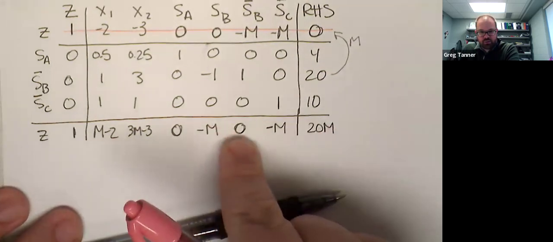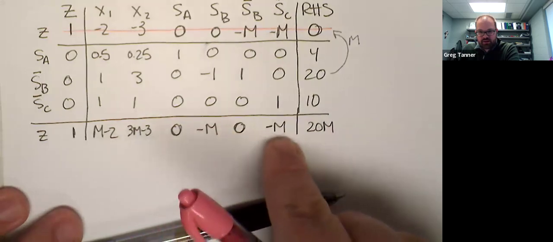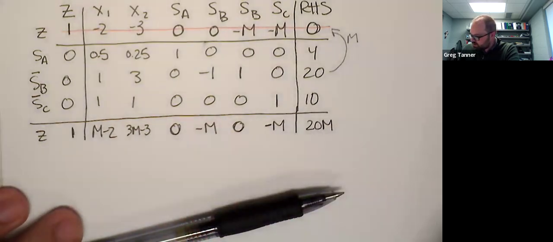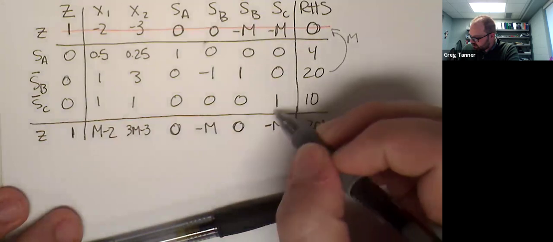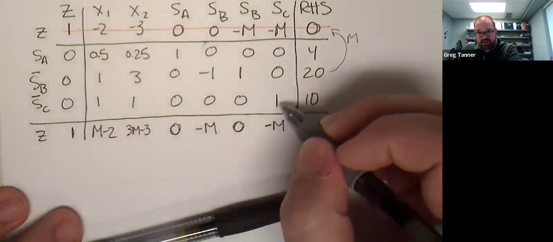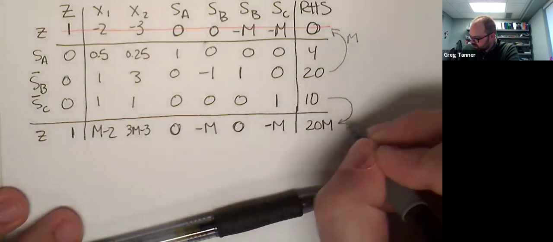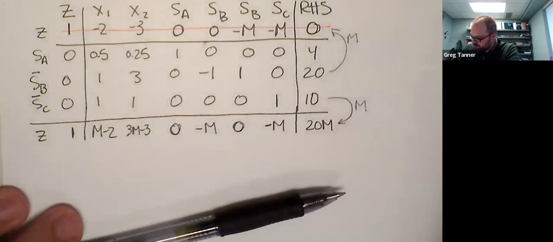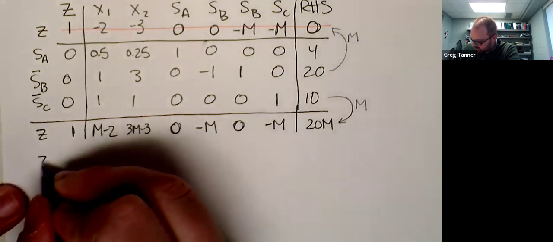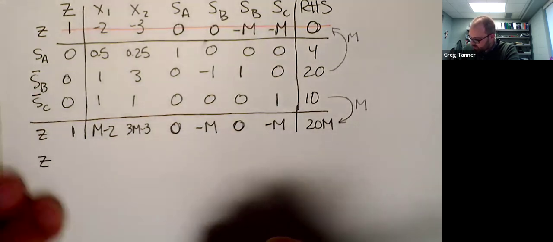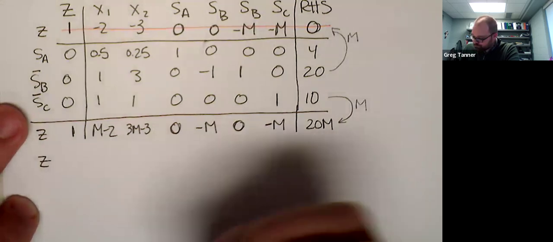We got a 0 here, and we wanted a 0 there. We also want a 0 here, so to zero that out, we're going to take big M times this here and add it down to cancel that out. So we're going to do big M times that row and add it down, and we'll get another version of that same 0 objective row.